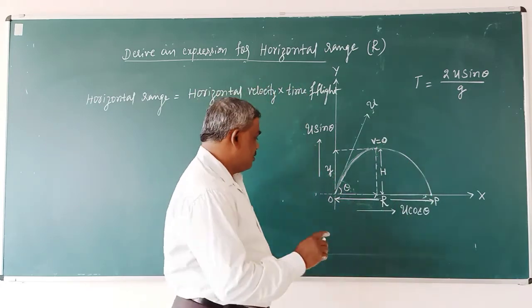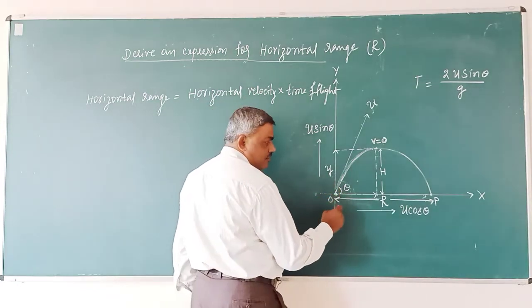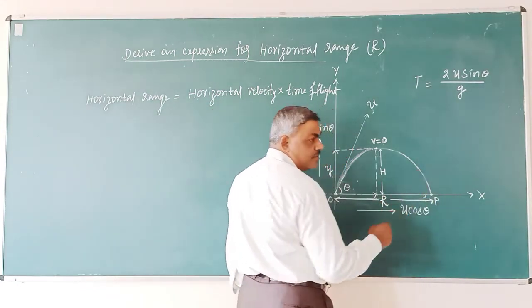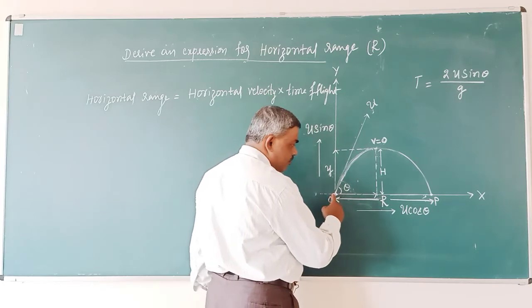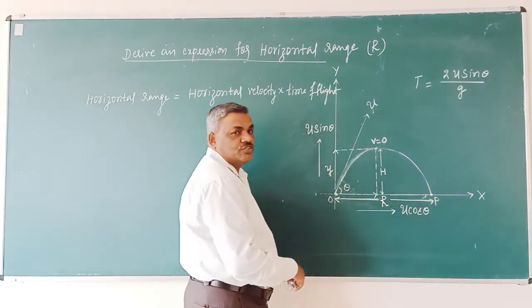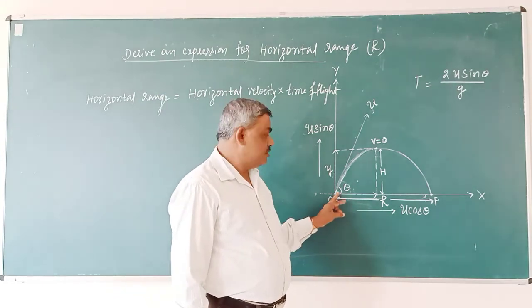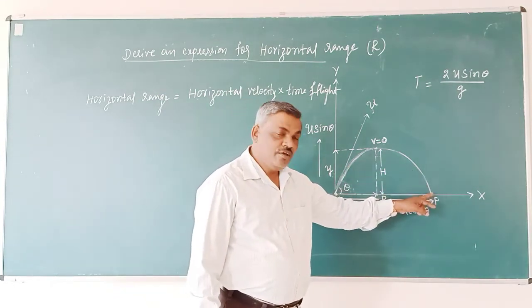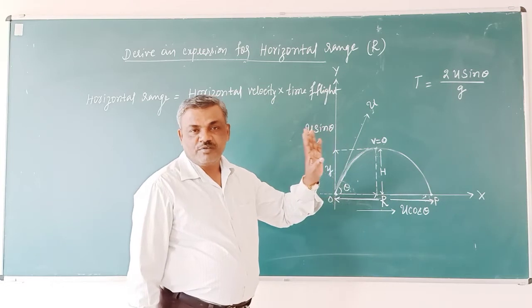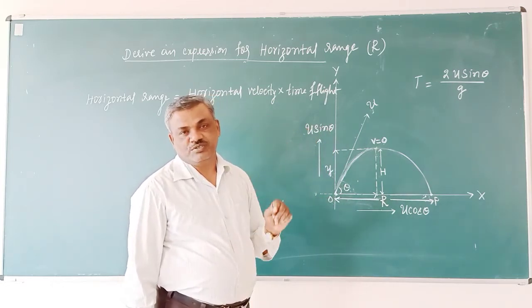Now O is the point of projection and P is the point where the particle meets the plane. The distance from O to P is called the range. So what is the range? The distance between the point of projection and where the body meets the horizontal plane is called the horizontal range.